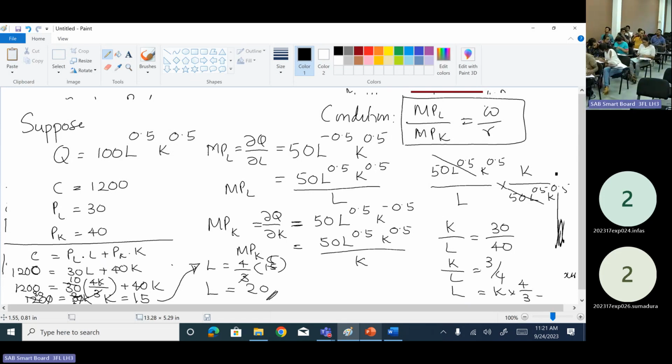Right now, that is the combination: labor and capital, 20 and 50, to maximize the output. That is the long run; this production function is a long run production function. Any questions?